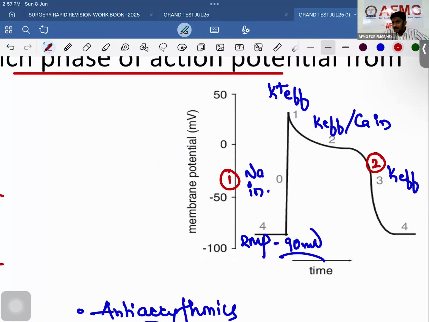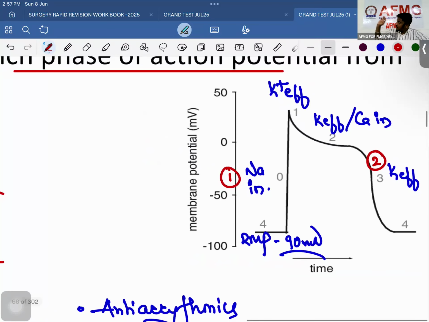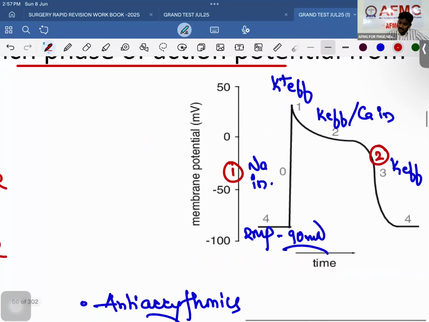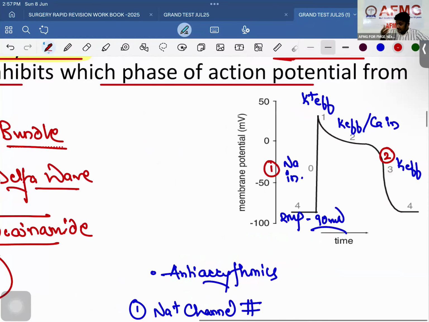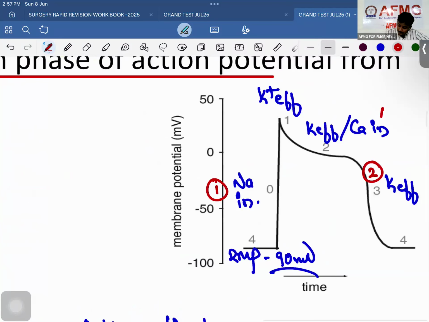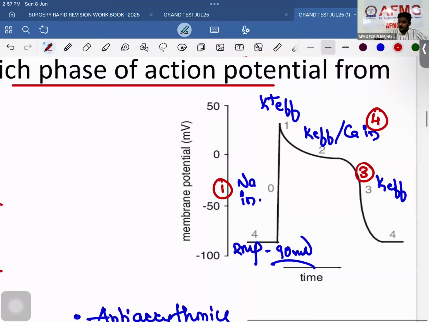They will have some action on phases 1 and 2 also, but mainly on phase 3. That is important to be remembered. And calcium channel blockers will act on which phase? The calcium channel blockers will act on phase 2 of the action potential. That is important to be remembered.